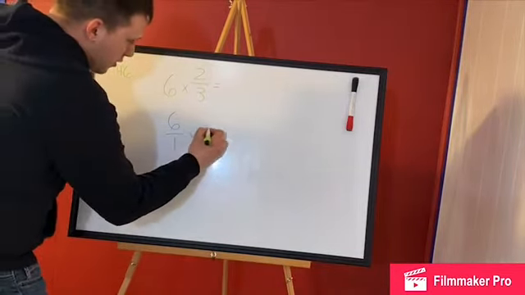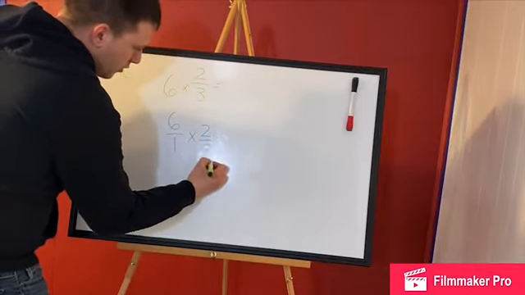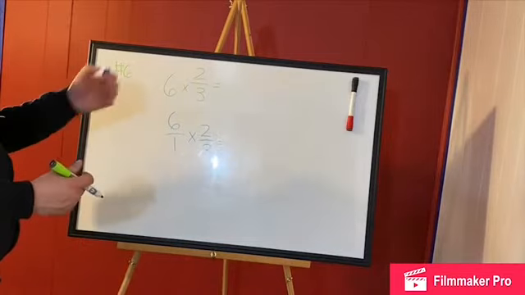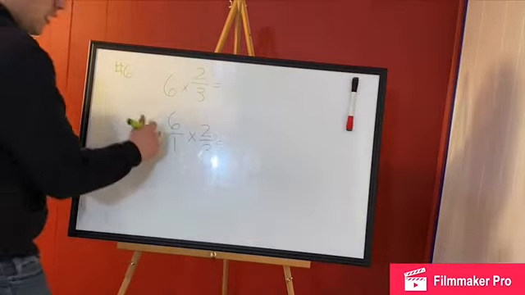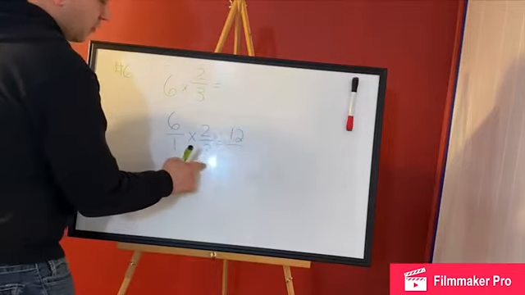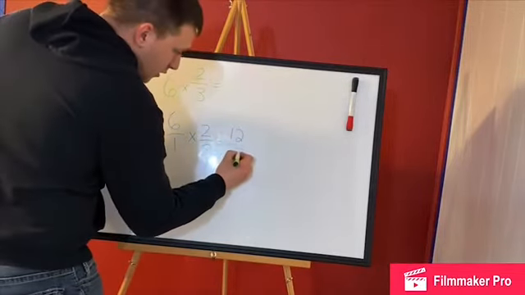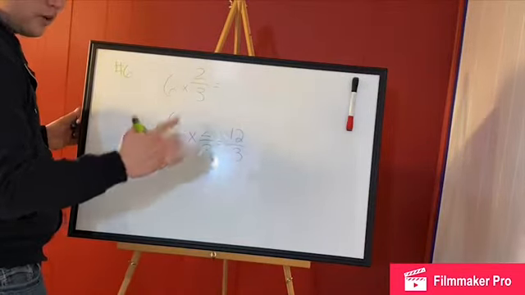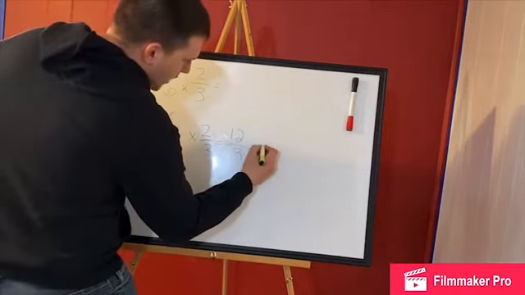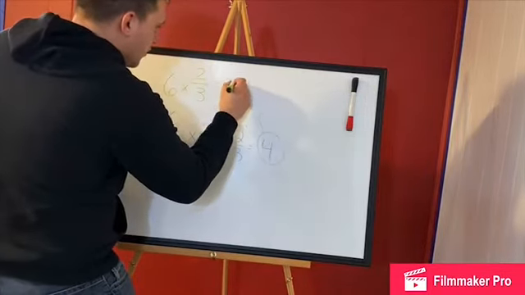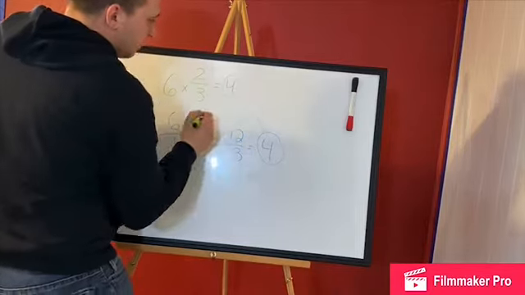Times 2/3 equals, and now we just do it like we have been doing it for the last couple of problems. 6 times 2, 12, over 1 times 3, 3, and 12 divided by 3 is 4. So our answer is 4.